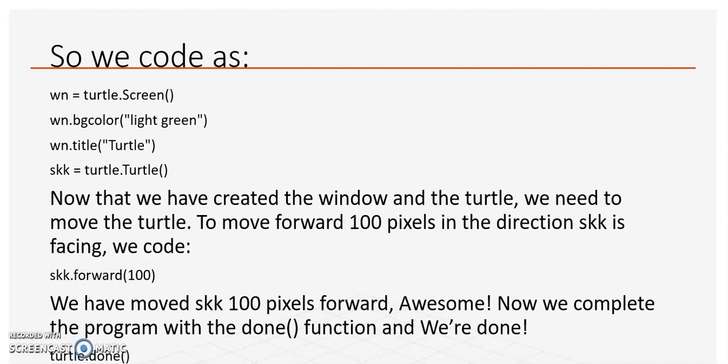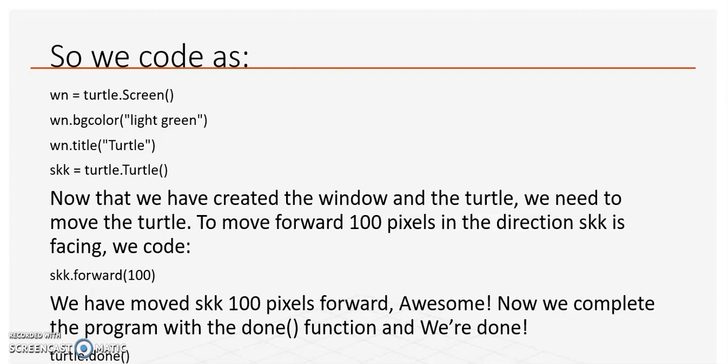Now let's see how we can code it. wn is the name of the window, so we are writing wn equals turtle.Screen(). That means in that particular area you can draw whatever images, pictures, or drawings you want. Then wn.bgcolor, where you give the background color of that window.